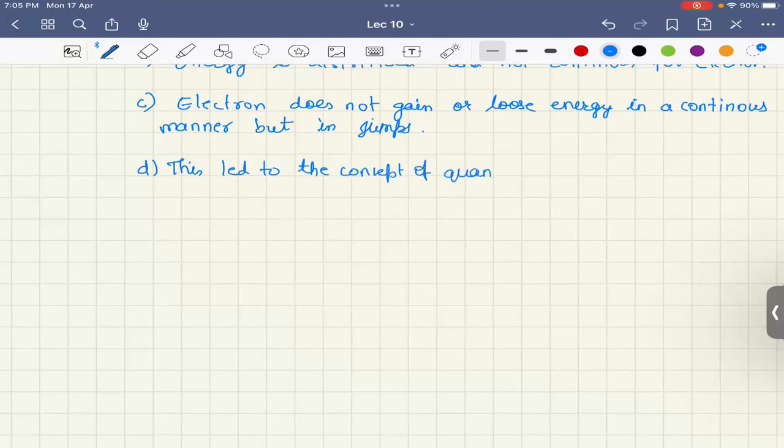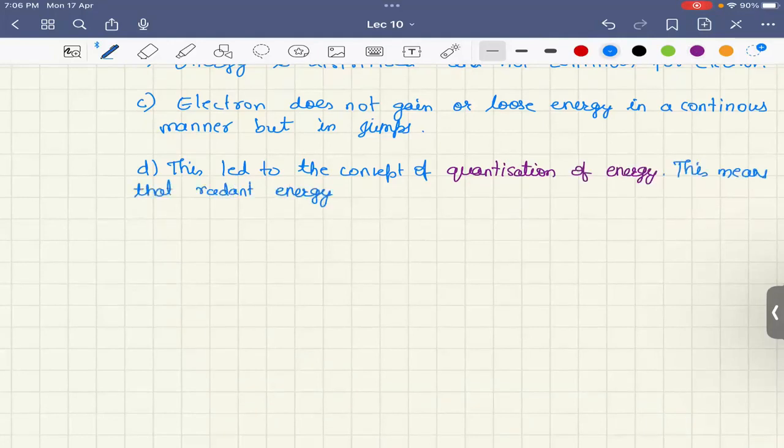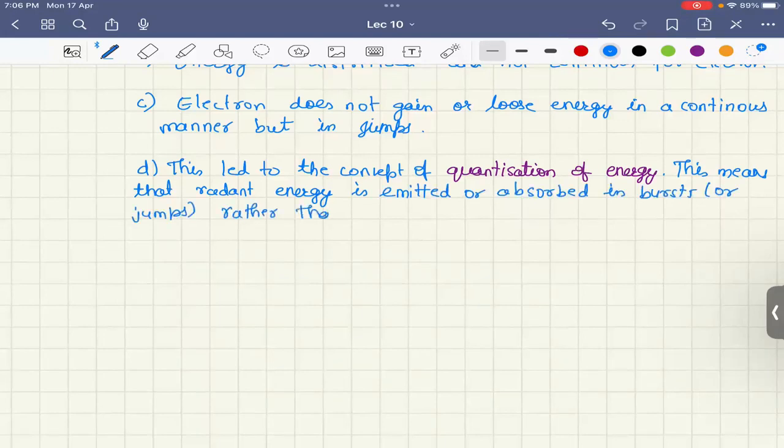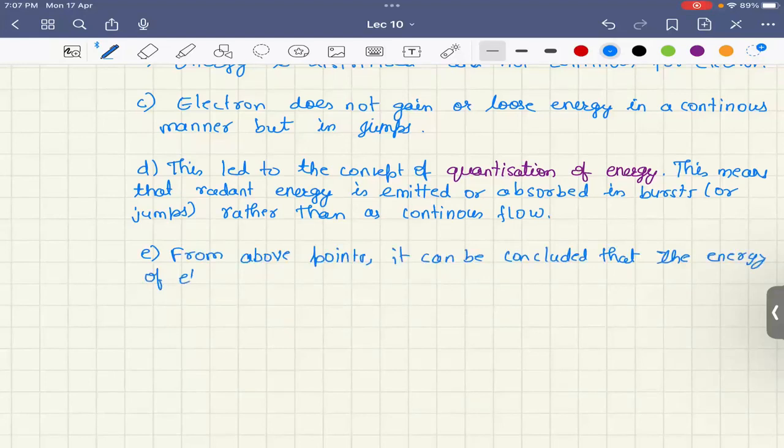Quantization of energy means that radiant energy is emitted or absorbed in bursts or jumps rather than as a continuous flow.